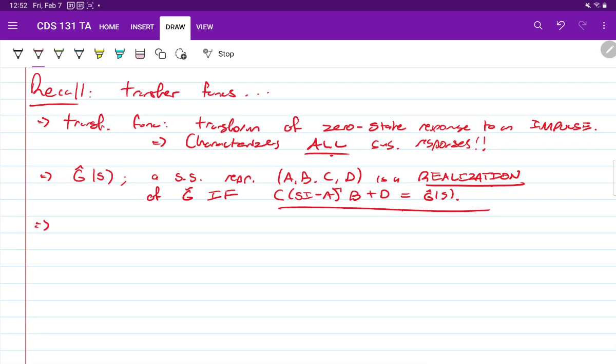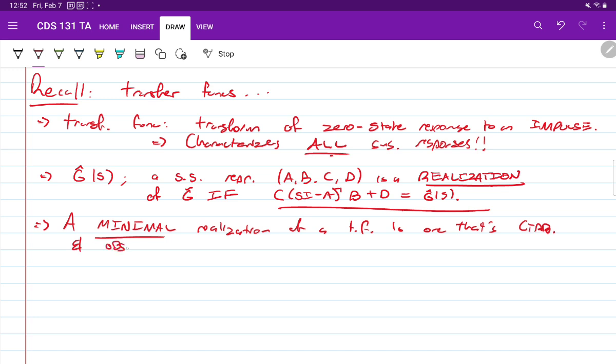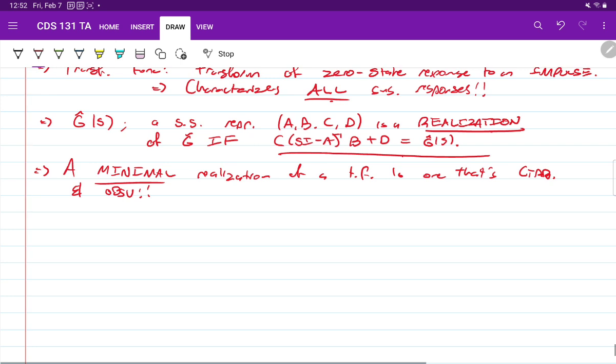So what the above tells us is that a minimal realization of a transfer function is one that's controllable and observable. All right? Now, the really fundamental idea is when we perform this multiplication, C(sI - A)^-1 B + D, remember what we said before is that we cancel terms out until this is in simplest form when we're computing the transfer function, right?